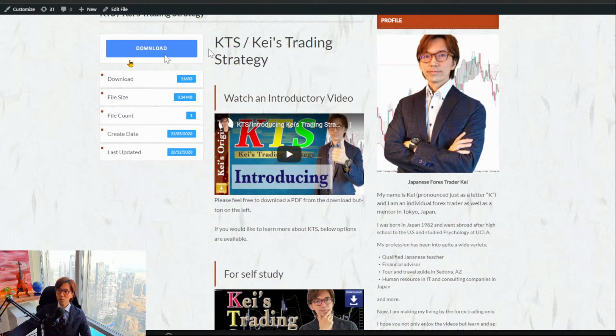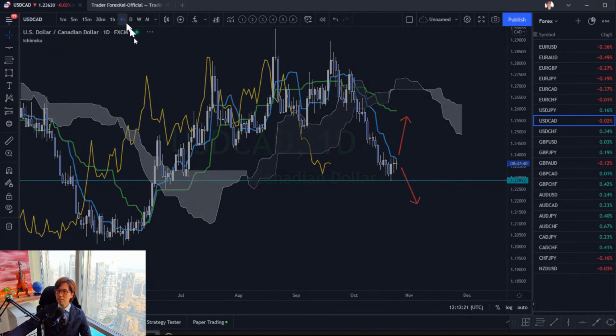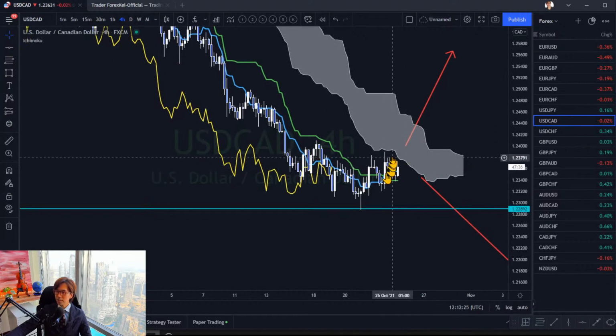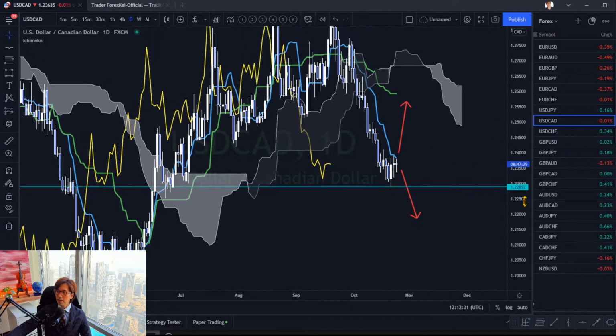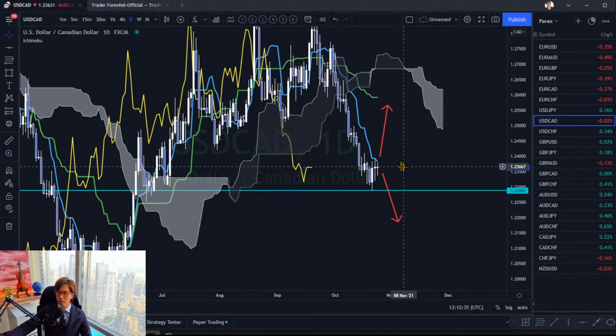So simply what I do is I look at the daily chart or the four-hour charts. So here's the daily chart, it's going down, and in the four-hour chart it's going range. It's going range and flat. So simply in this case I follow the daily downtrend, and I don't really pay attention to the four-hour chart in this particular case.